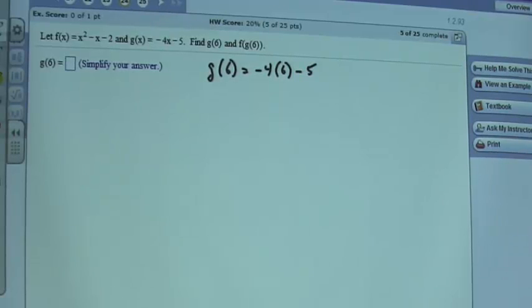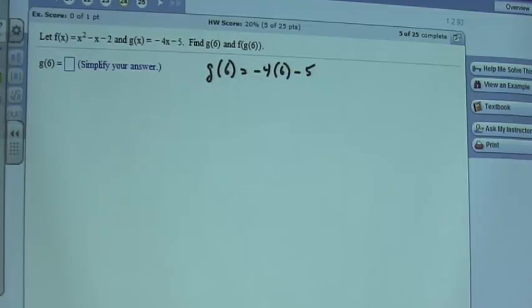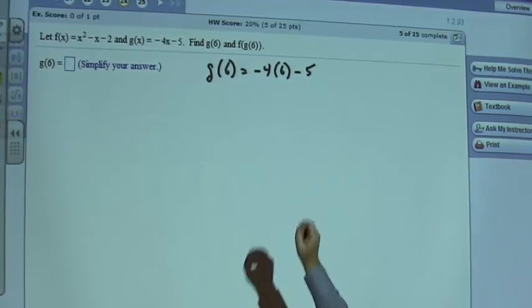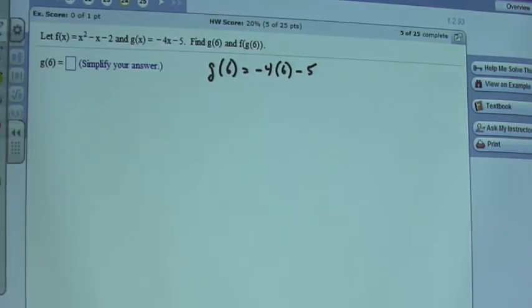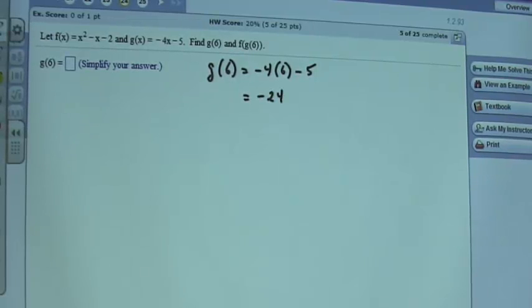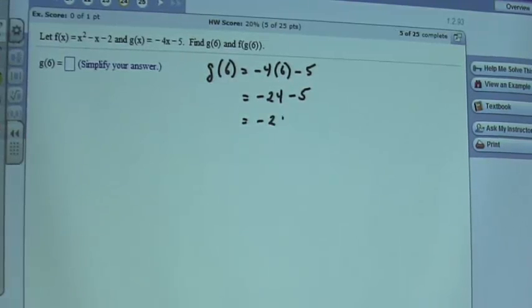So notice all I did was I took the function g, and everywhere there was an x, I put a 6. Well, minus 4 times 6, that's minus 24, minus 5. If I have a negative 24 and I add a negative 5, I'll have a negative 29.